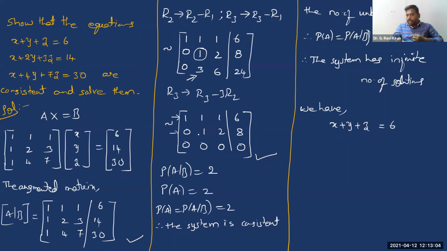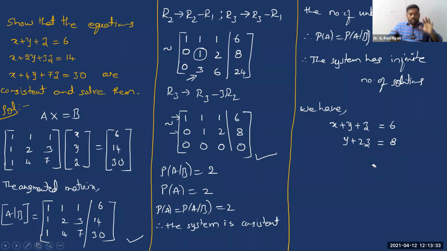So 0 into X, anyway it is 0, I'm not writing. Then 1 into Y plus 2 into Z, Y plus 2Z is equal to 8. Then if you look at the third row, all the coefficients of unknowns are zeros. So you get 0 into X plus 0 into Y plus 0 into Z, everything is 0, and even on the right hand side, it is 0. Correct? So it's not necessary to write 0 is equal to 0. It's meaningless, right? So I'm just ignoring this last one now.